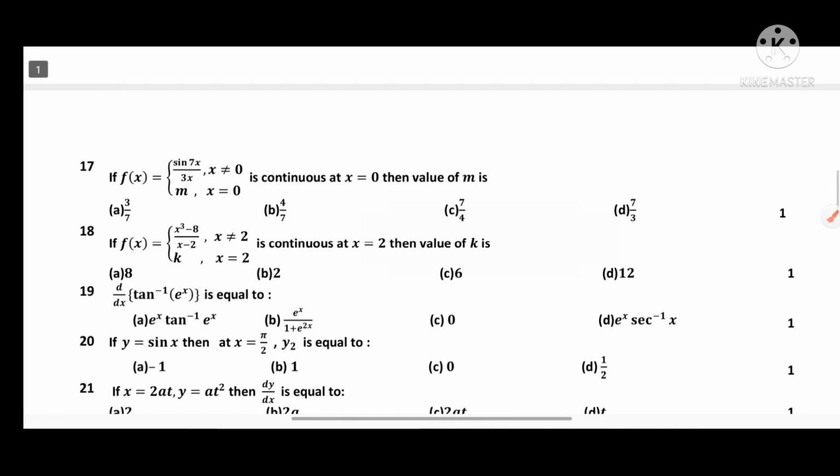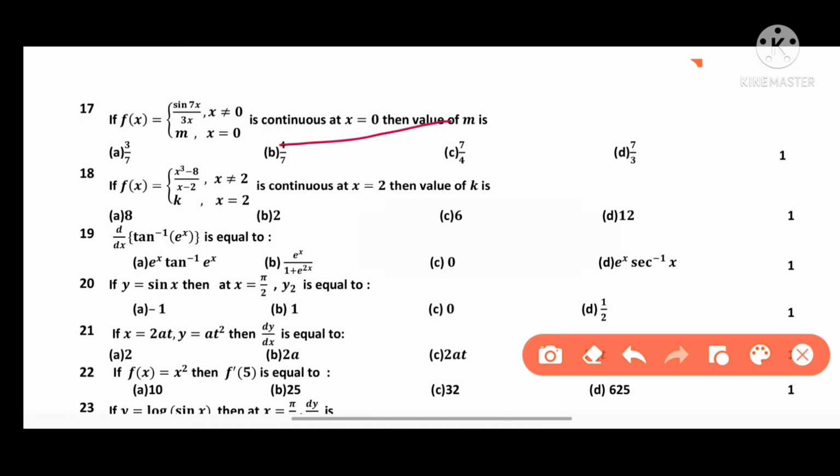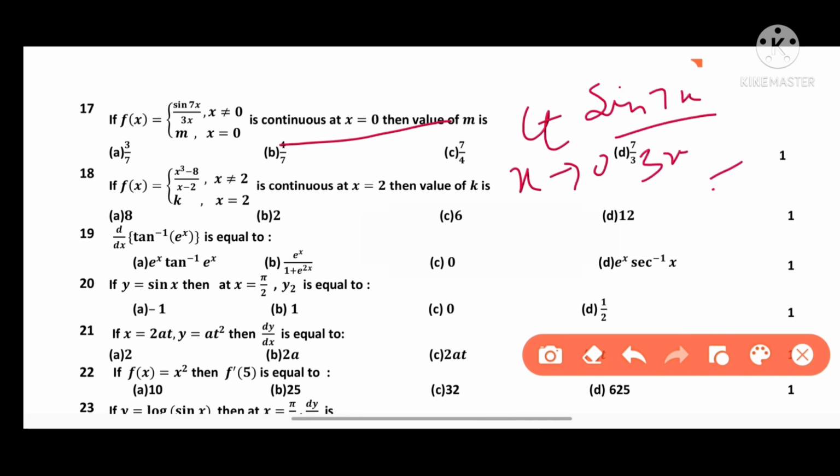Next, 17. f(x) is equal to sin 7x divided by 3x for x not equal to 0, and m if x is equal to 0, is continuous at x equal to 0, then value of m is. Again using definition of continuity, limit x tends to 0 of sin 7x divided by 3x is equal to value of the function, because if function is continuous, limit is equal to value.